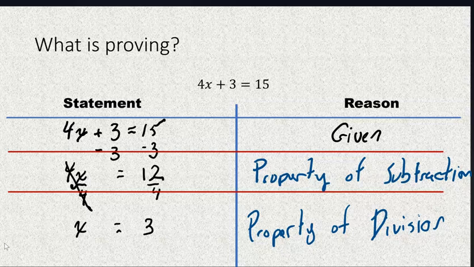Oftentimes, the reasons themselves, just like in any kind of form of literature or essay or research, can be argued. So there is definitely a number of different reasons that could have been written here to justify the steps I make. So now, let's take a look at a couple of definitions that will give me more tools to do some proving.